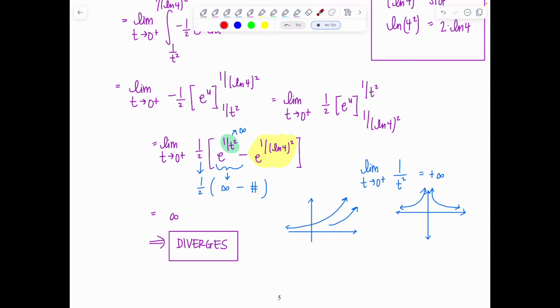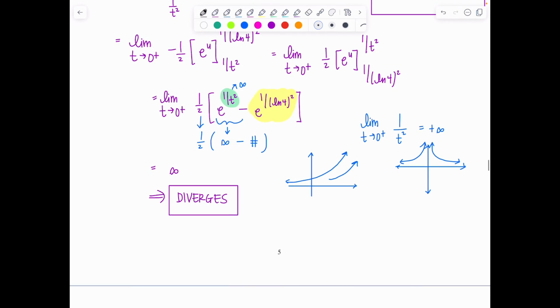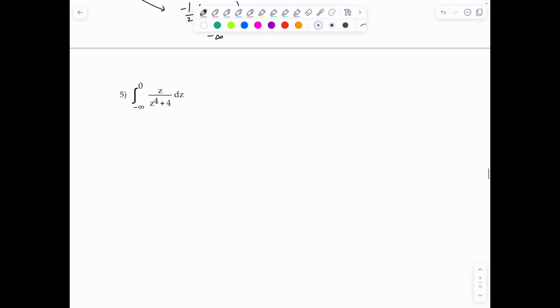Let me write out what you would have had. You would have had negative 1/2 times some number minus infinity. And then you could say, okay, this is going to negative infinity times that negative 1/2. This would all go to positive infinity. So either which way you slice and dice it, you're ending up with the same limit. Okay? Very good. Very nice.